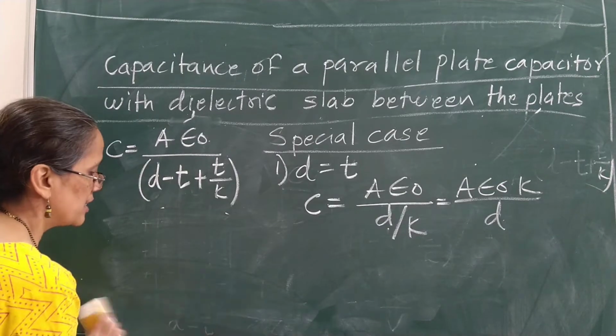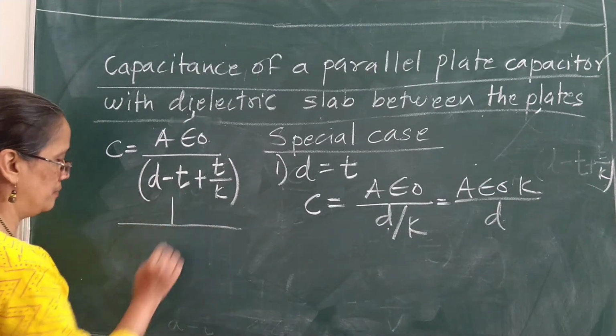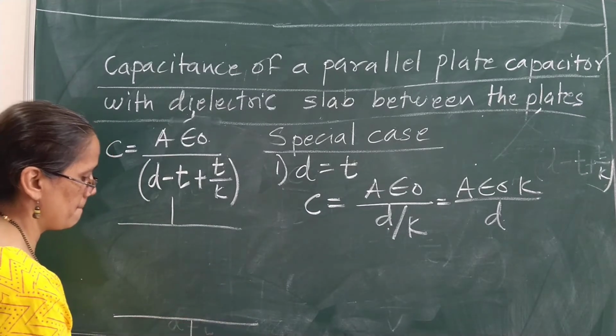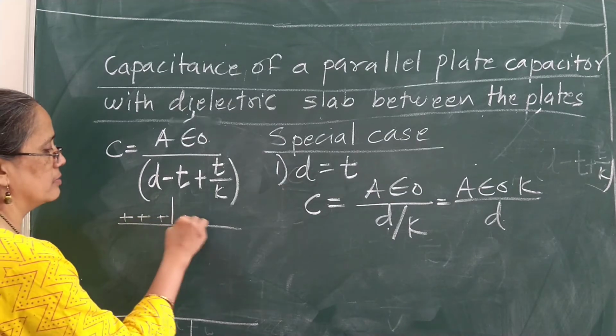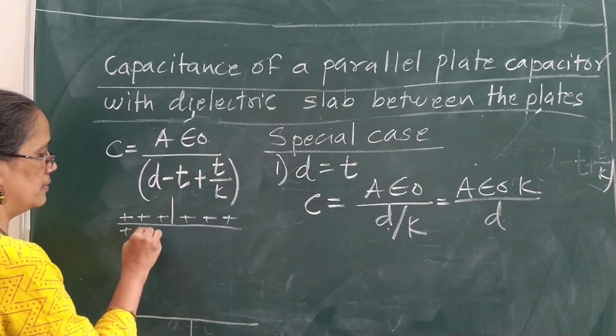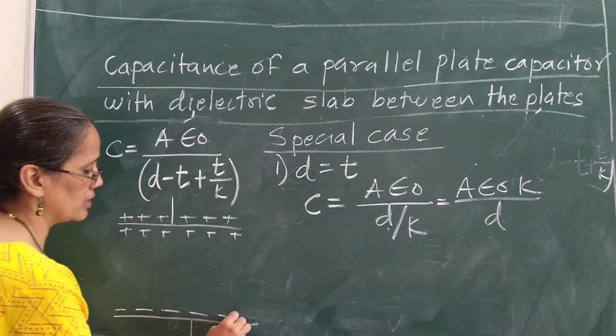Next, consider that there are two metallic plates like this. One plate is positively charged here, and on the other plate the inner side is negatively charged.